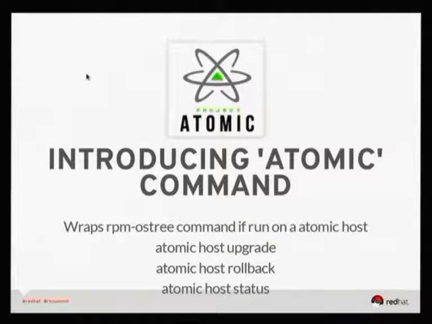By the way, atomic is going to be shipped in both. It'll be used on regular Fedora and Fedora Atomic, and on RHEL Atomic. The tool is smart enough to know if you're not running on Atomic, these commands disappear. The command basically sees if rpm-ostree is installed. If it isn't, then it doesn't show you the commands. But they'll be available in both.